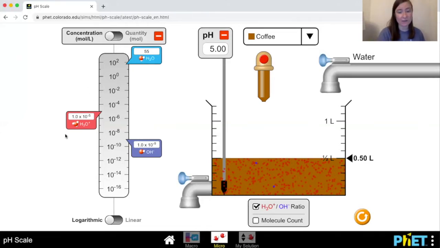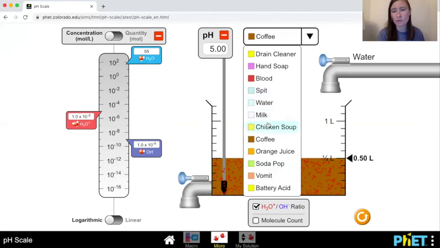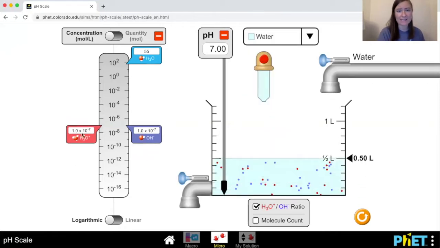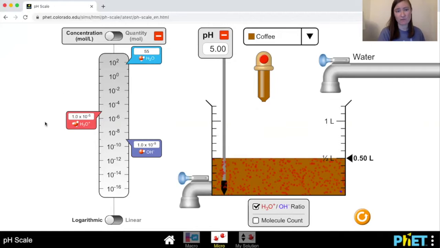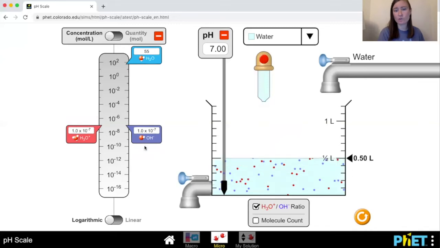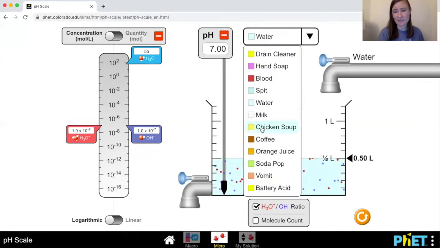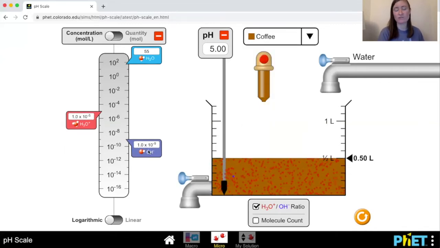If we look at our scale over here, we're going from a neutral solution, which has 10 to the negative 7 concentration of H3O+, to, for example, our coffee, which is pH 5, now 10 to the negative 5. OH- has gone from 10 to the negative 7 in a neutral solution to 10 to the negative 9 in a solution with pH of 5. So that's changed by a factor of 100.